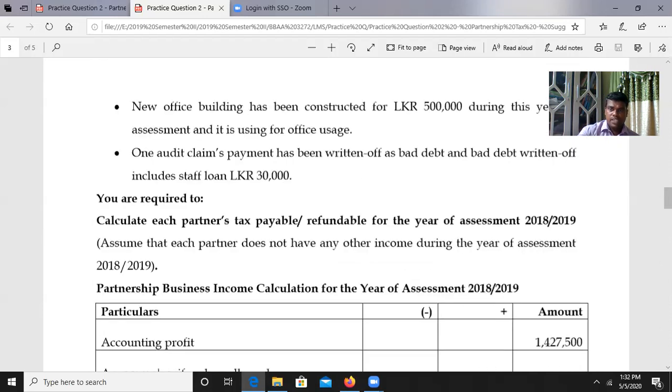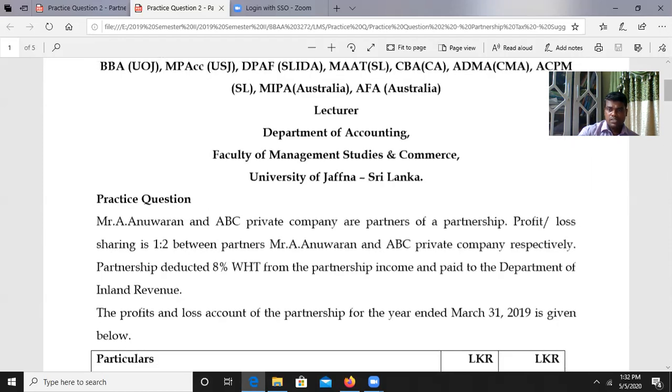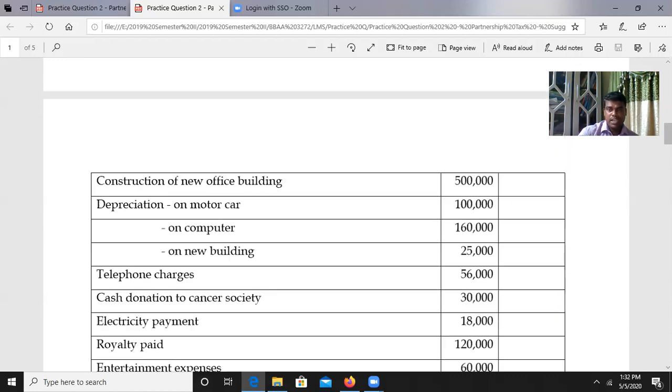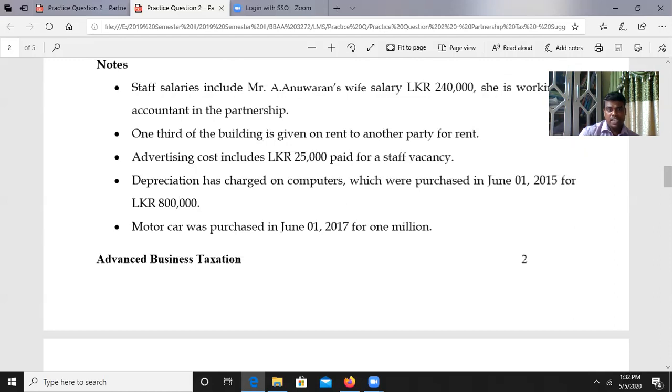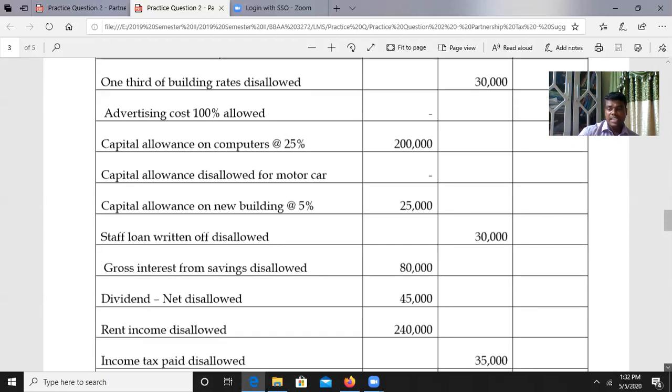So up to now we completed all the notes, then details of profit and loss account. I hope that we have completed all the adjustments. Now we need to calculate the tax.